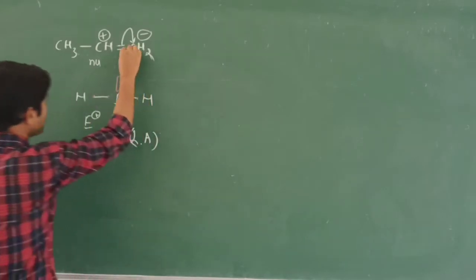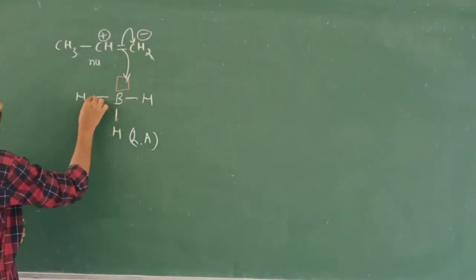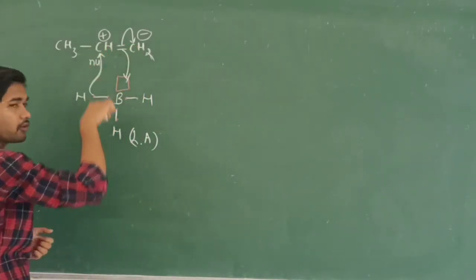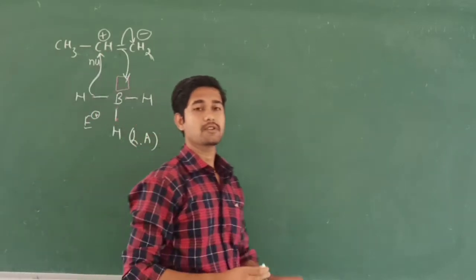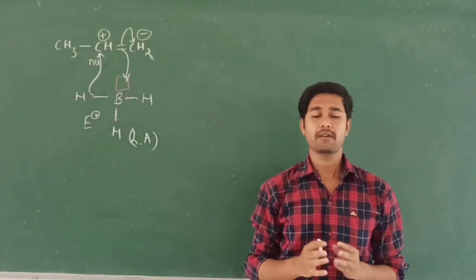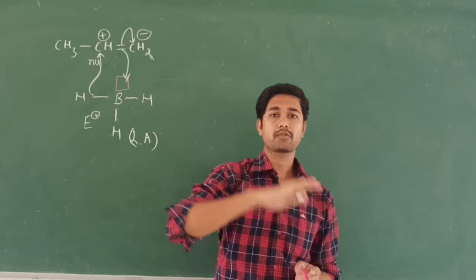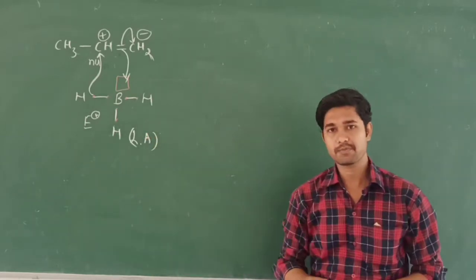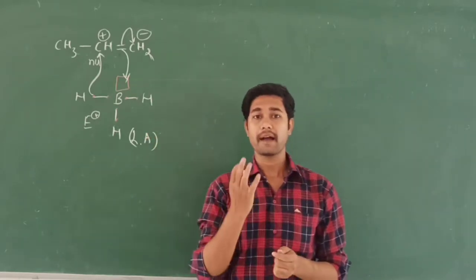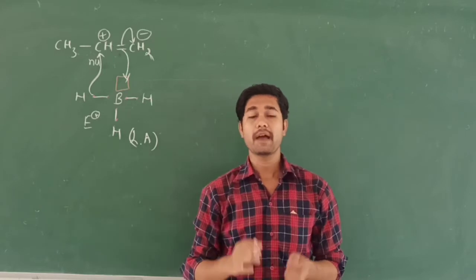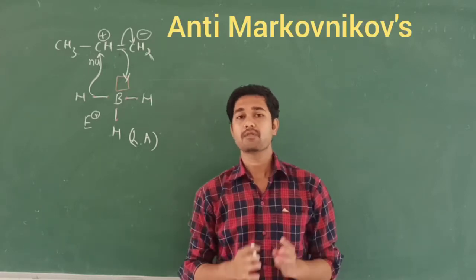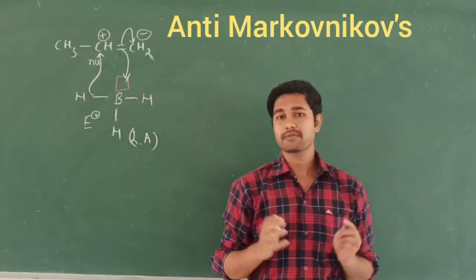So this pi bond will come and attack here, and this hydrogen will come and attack here, according to the anti-Markovnikov rule. Acid catalyzed hydration takes place according to the Markovnikov rule, whereas the hydroboration process acts against the Markovnikov rule, that is, the anti-Markovnikov rule. What does the Markovnikov rule say?